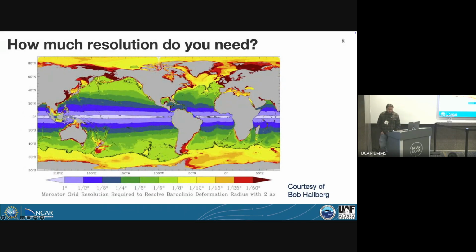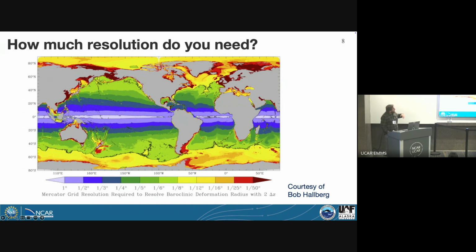So how much resolution do you need? This is one example. That chart was created by Bob Hallberg, I think around 2011, and it gives you a sense of what resolution you need to be considered eddy resolving. By eddy resolving, we mean that we resolve the first baroclinic deformation radius with 2 delta x.